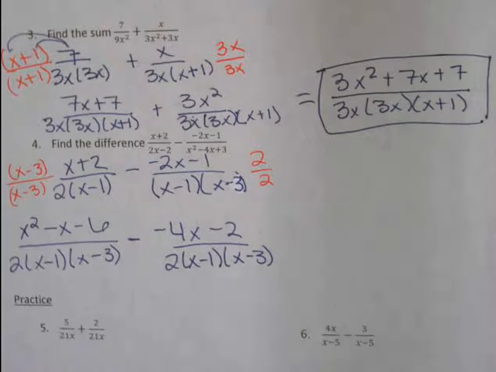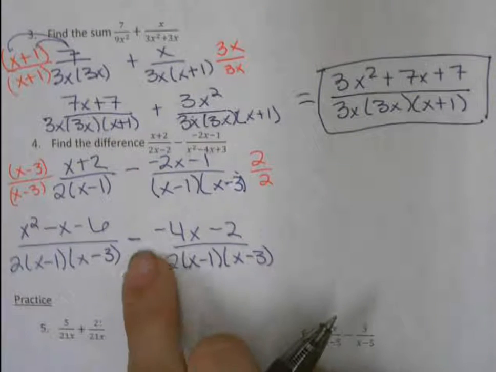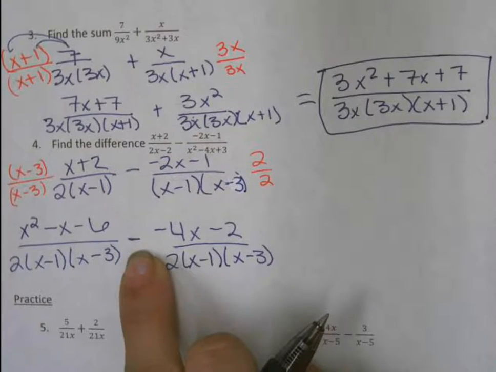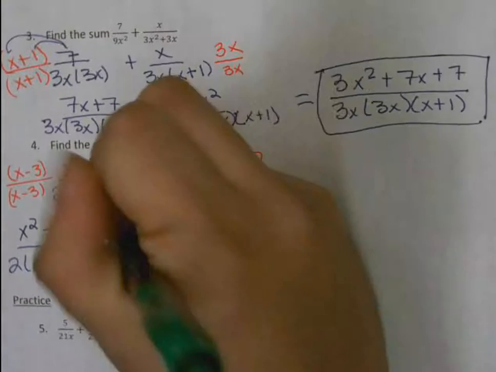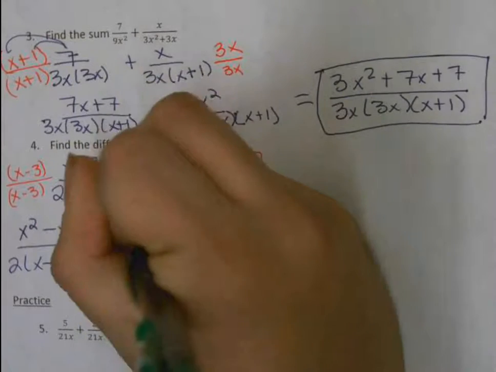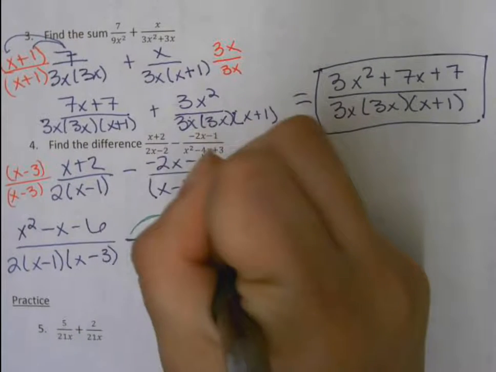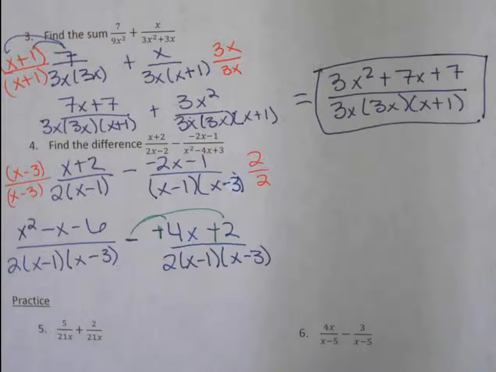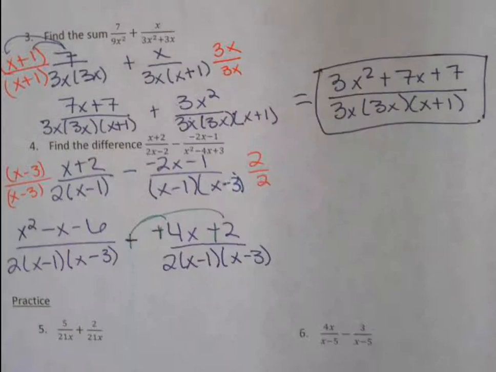Wait, before you get to combining, remember I have a minus in the middle? I need to distribute it, so it's going to make these two change signs. Oh, well, that's going to change too. Now it's going to be positive 4.